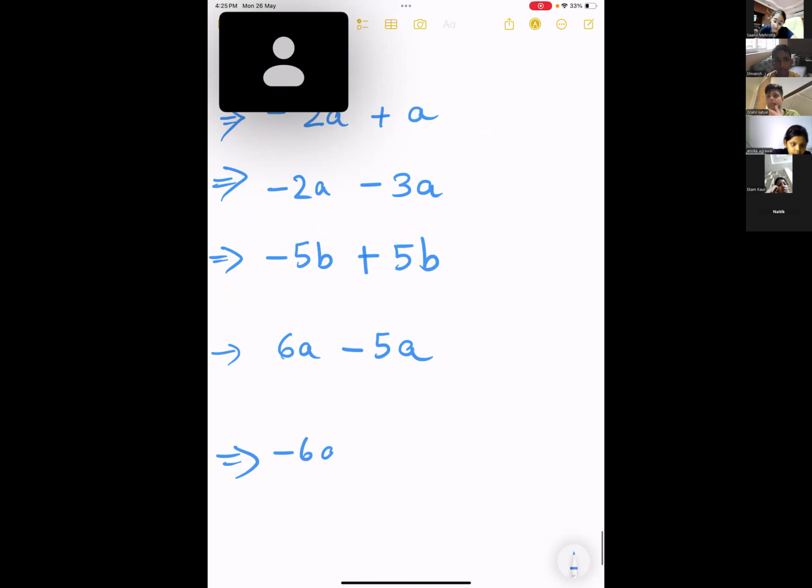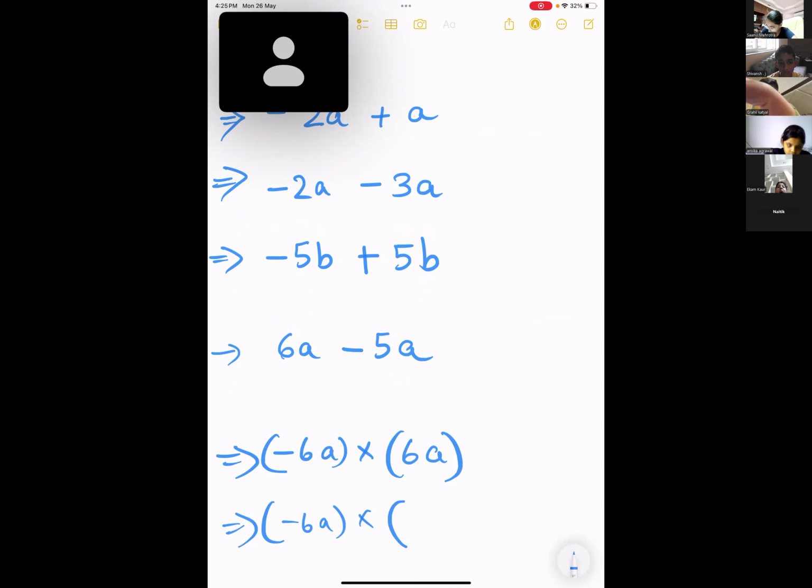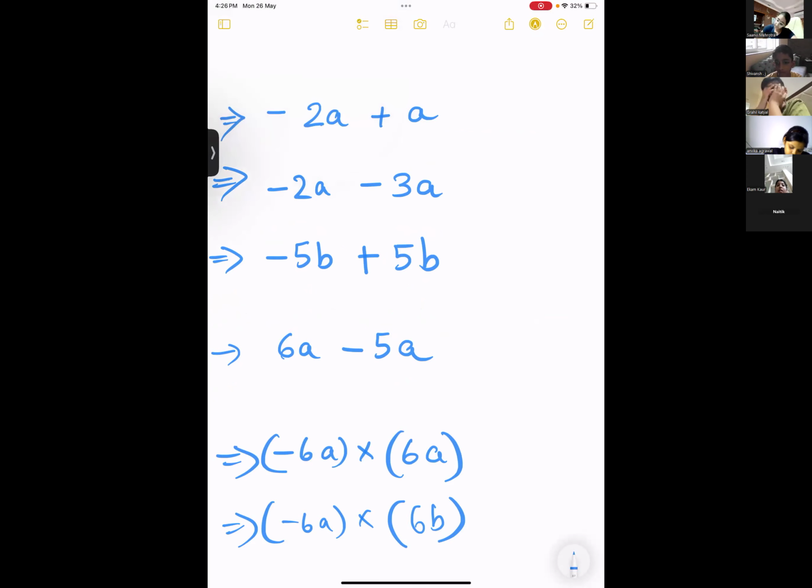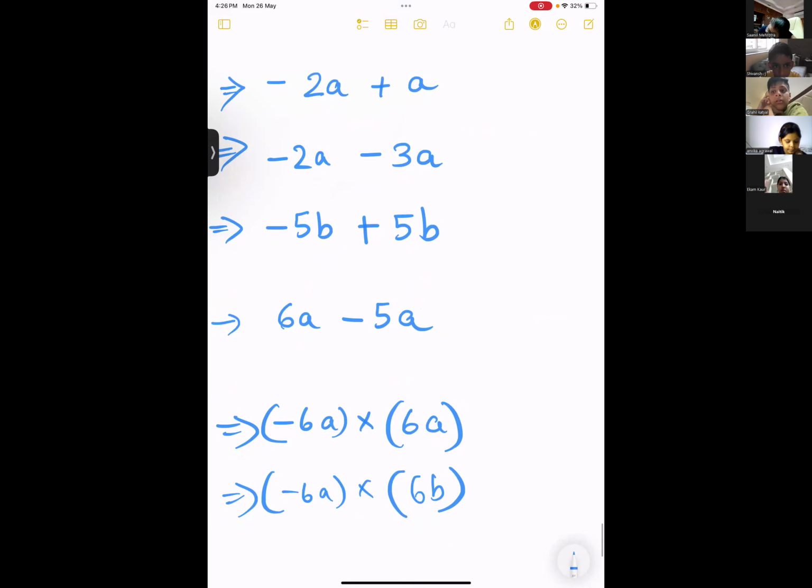Minus 6a times 6a. Minus 6a times 6b. Okay. Solve these 6 equations.